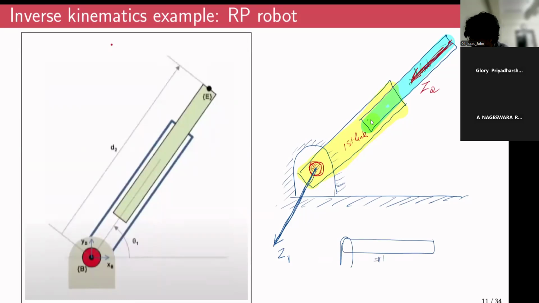This is the first link, and you have the second link going inside, and this is the first joint. So I'll have Z1 coming out of plane, and Z2 would be along this axis. This will be Z2.